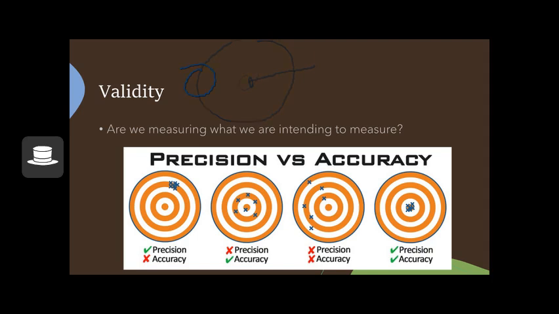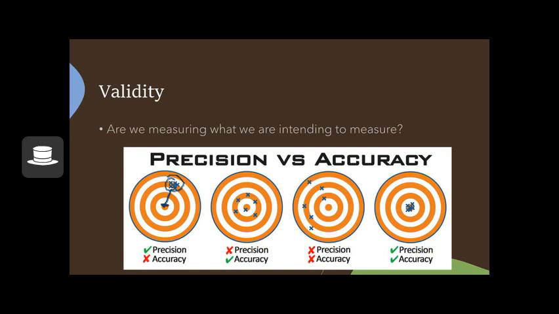I want to actually hit the thing that I'm trying to hit. Now, precision is a matter of, can I get the same target hit multiple times, right? So I can have something that's reliable and it might not be valid, right? So that would be something that is precise, right?